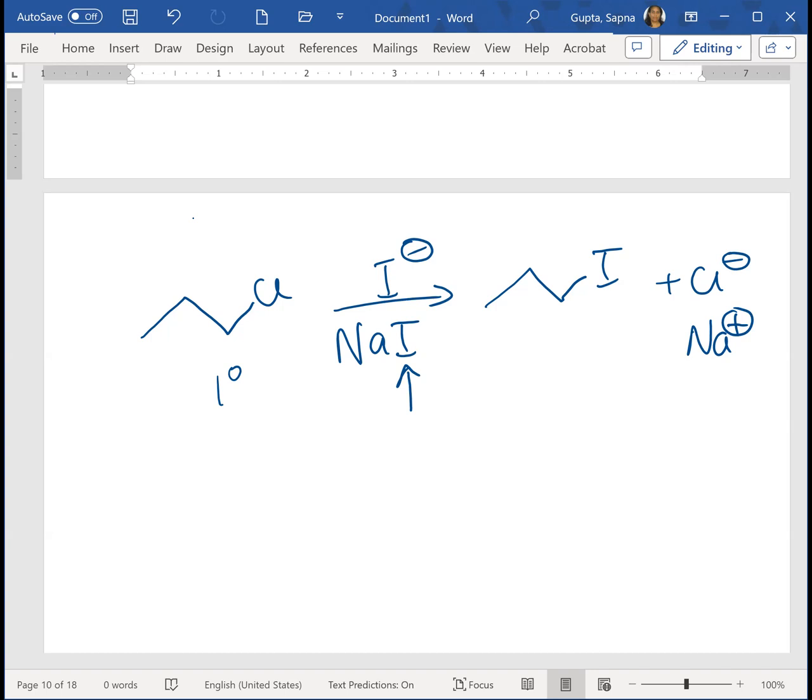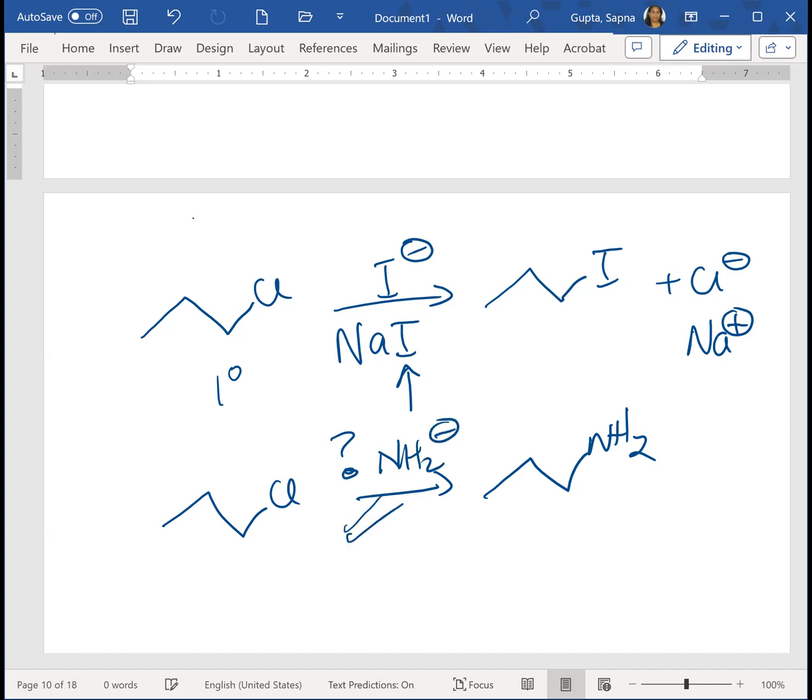I give you all sorts of reactions so you get comfortable seeing everything in there. You don't have to write sodium iodide. If I ask you how to do this reaction, and I will ask you, so let's say if I ask you, what nucleophile do I need over here? You can write NH2 minus and I'll be happy. I'm fine. I'm okay with that. You don't have to write sodium amide.